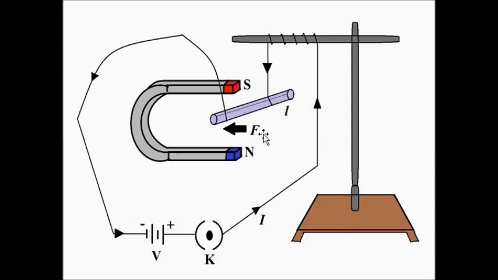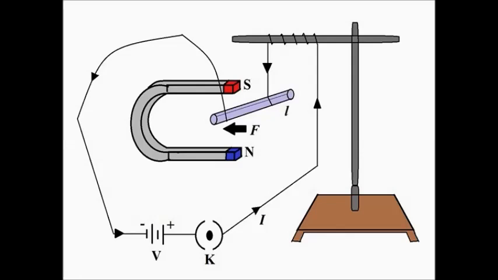As a result, it will experience a force and tend to move as per Fleming's left hand rule. If we deactivate this voltage source and simply move this conductor in this magnetic field, a current will flow through it as per Fleming's right hand rule. So in both cases, there will be either electrical to mechanical or mechanical to electrical energy conversion.